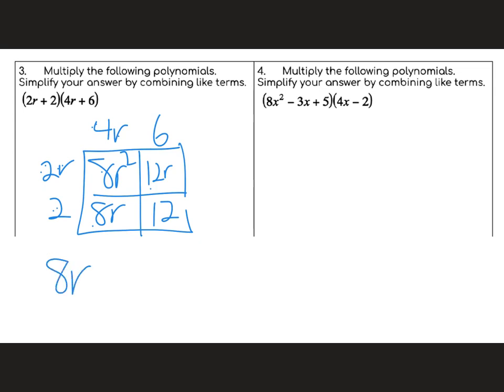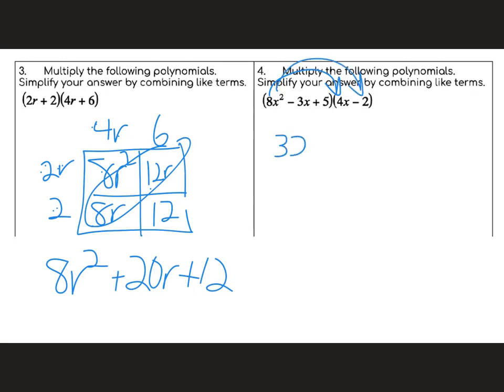8r squared does not have anyone that looks like it. These ones look alike, so 8 plus 12 is 20, and then plus 12. Let's go ahead and distribute this. So we're going to have 32x, oh no, not x squared, x cubed, minus 16x squared. That was a close one.